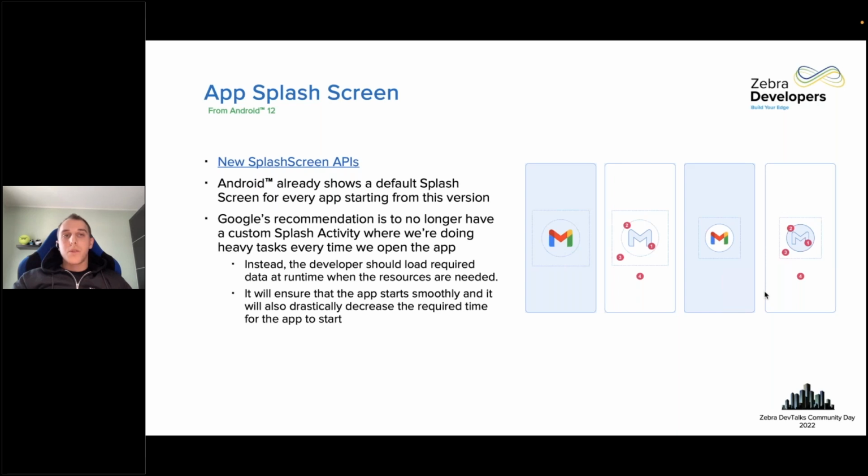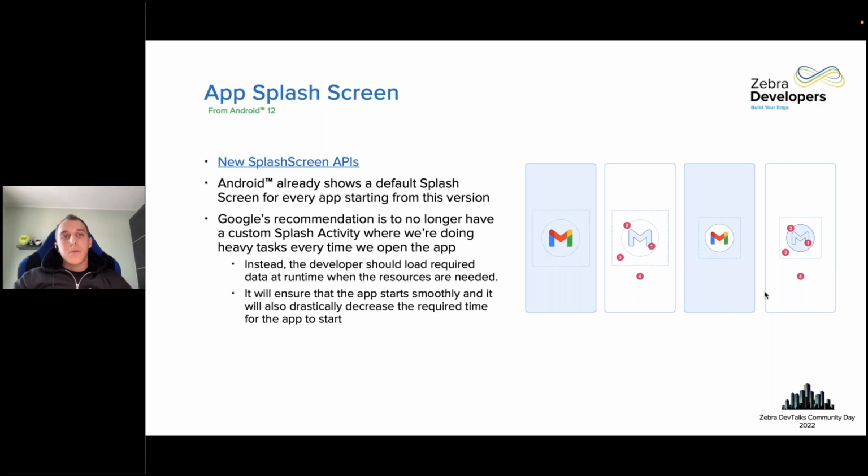But what you need to know is that from Android 12, splash screens are now there by default. So any applications which previously on Android 11 didn't have any splash screens, they do have one now, which is kind of plain white with the icon in the center of it, whenever you open the application.